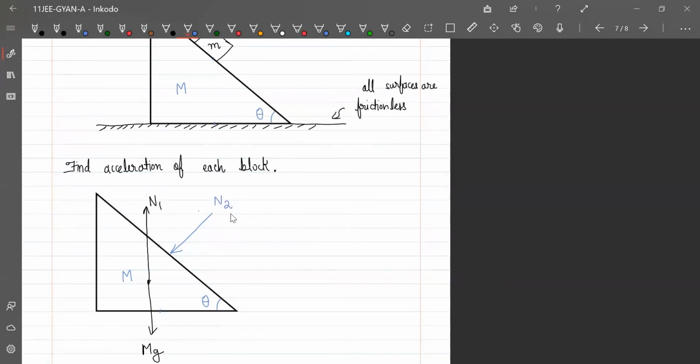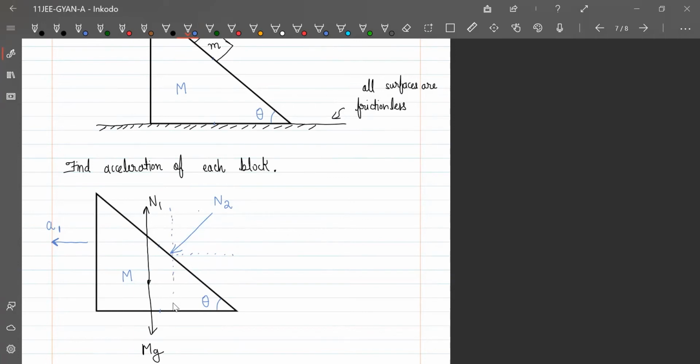So one component of N2 will be causing the acceleration. And we know that it can't go downward. So it will have acceleration in the backward direction, call it A1. And now we can solve this. I can take the component of normal force N2.